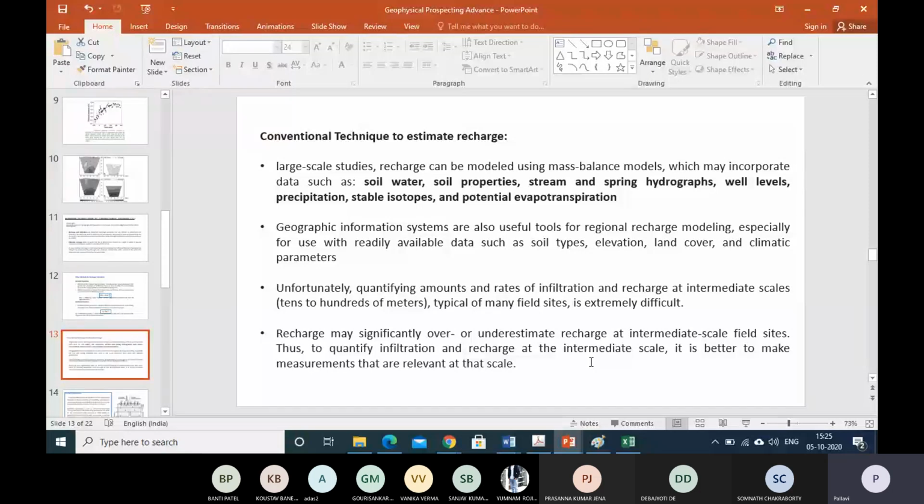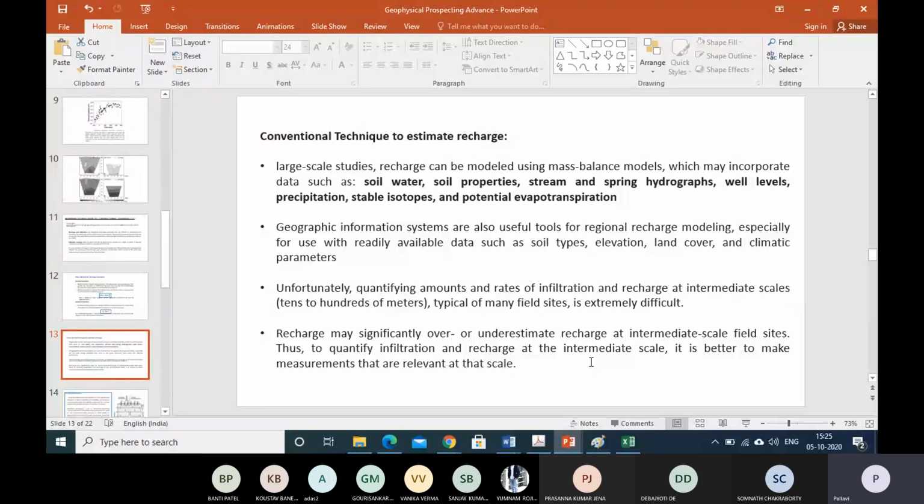Stream and spring hydrographs: commonly we assume that recharge is dominated by precipitation, but not necessarily. If some surface water body is there, some stream, spring, river or pond, then recharge will take place through that water body as well, so we need to calculate that separately.